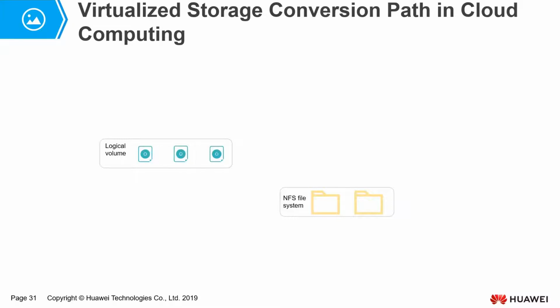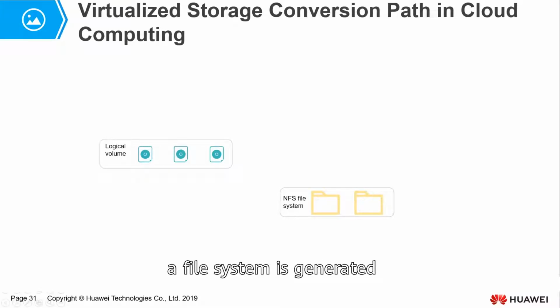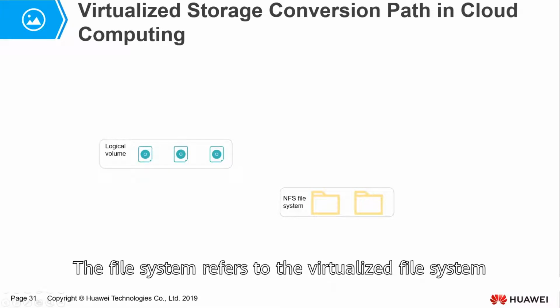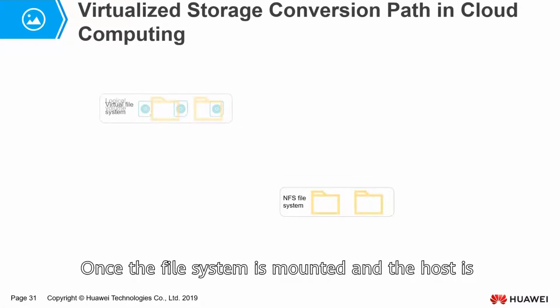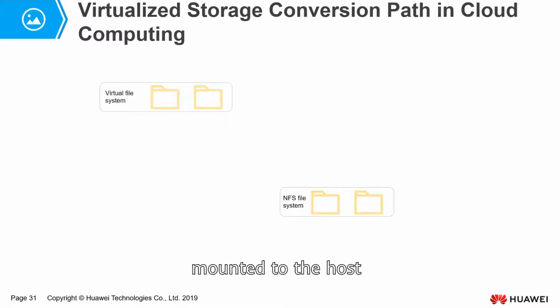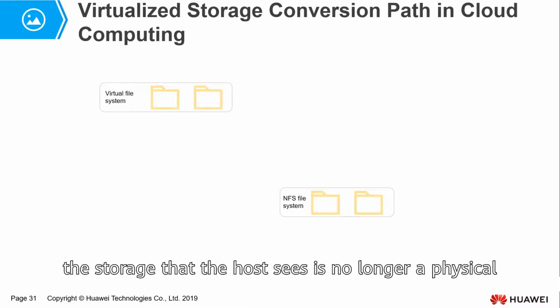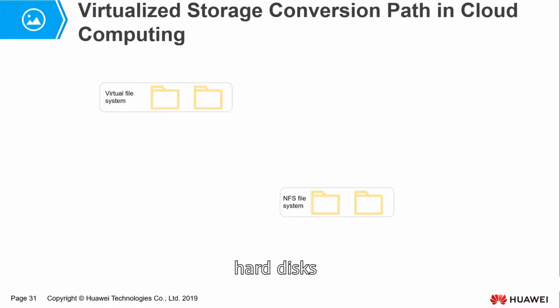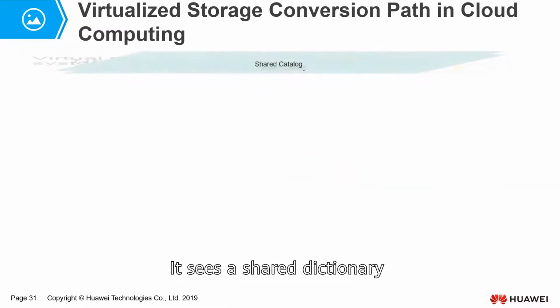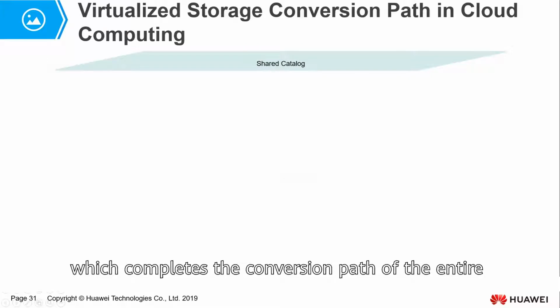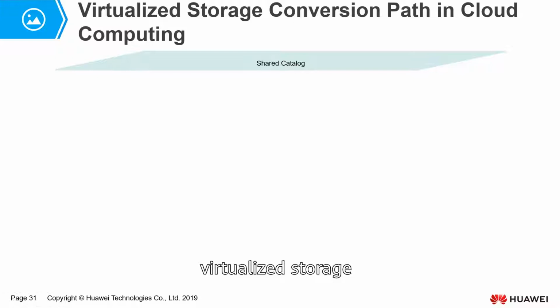After formatting, a file system is generated, and the file system refers to the virtualized file system. Once the file system is mounted to the host, the storage that the host sees is no longer a physical hard disk. It sees a shared directory, which completes the conversion path of the entire virtualized storage.